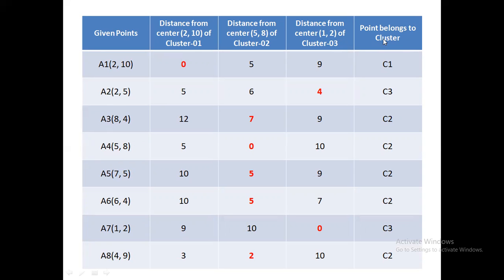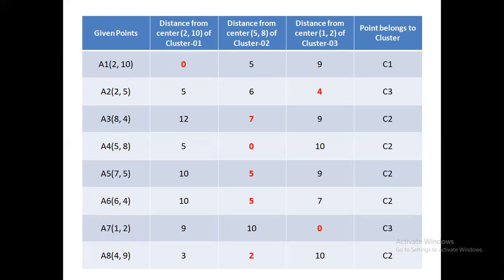Here we will assign each point to a cluster. For point A1, the distance to cluster 1 is 0, to cluster 2 is 5, and to cluster 3 is 9. So how will we select the cluster?